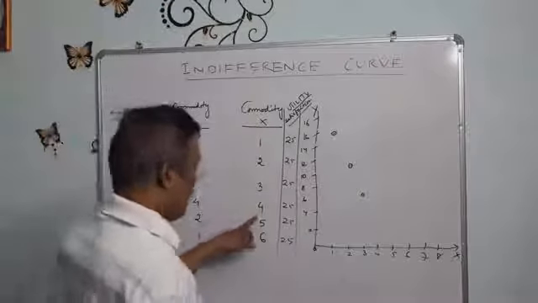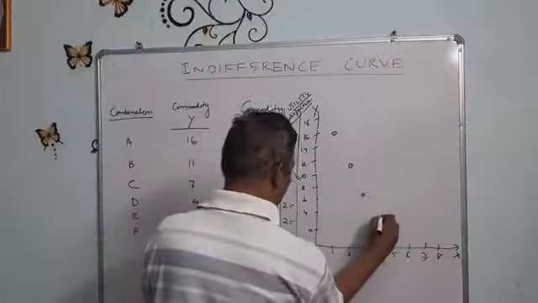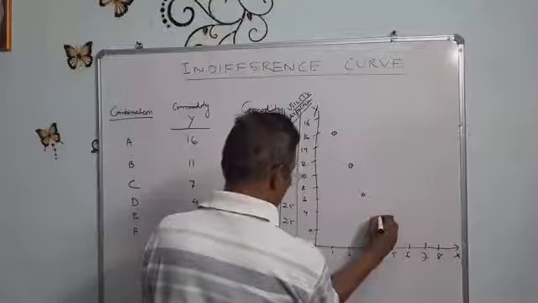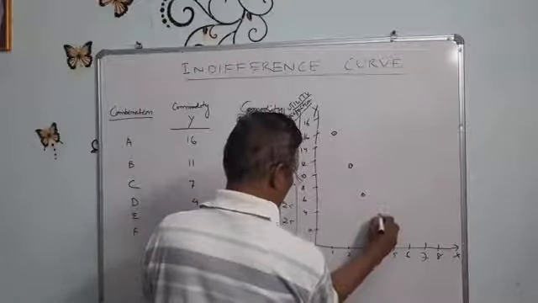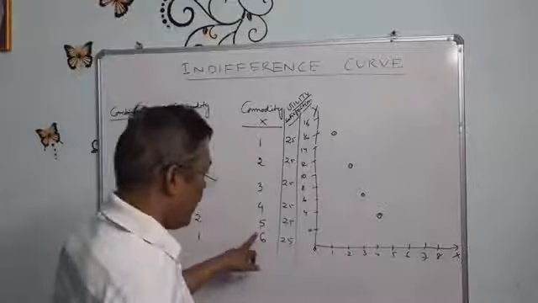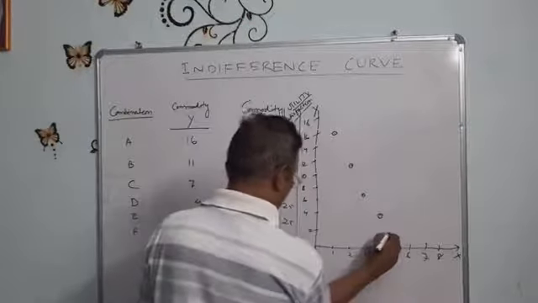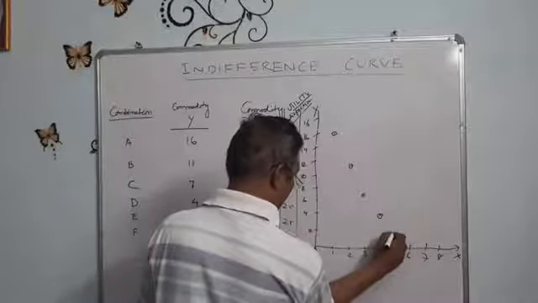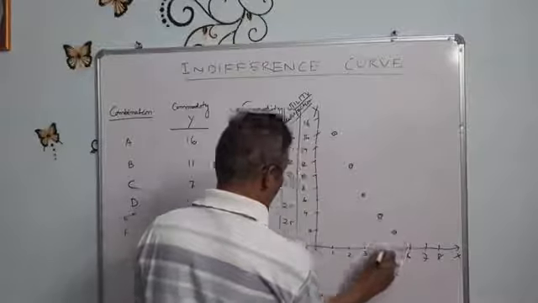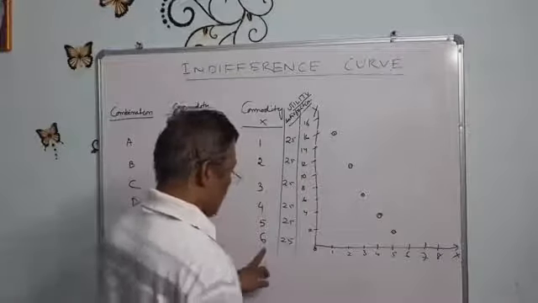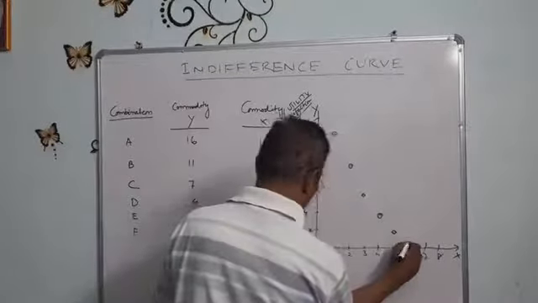X goods 4, Y goods 4. X goods 5, Y goods 2. And X goods 6, Y goods 1.